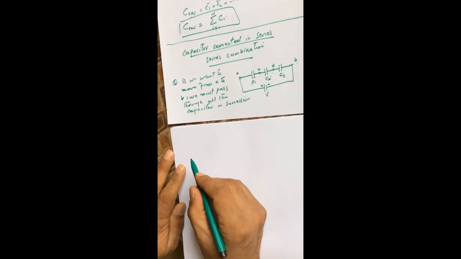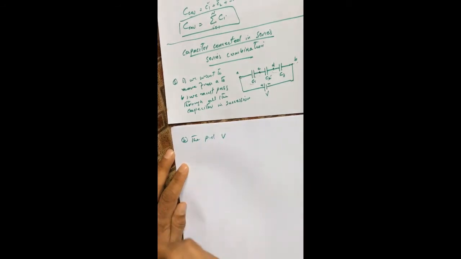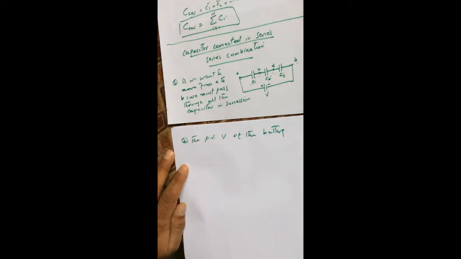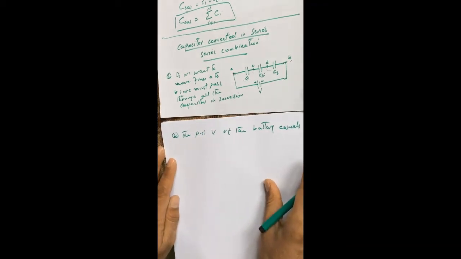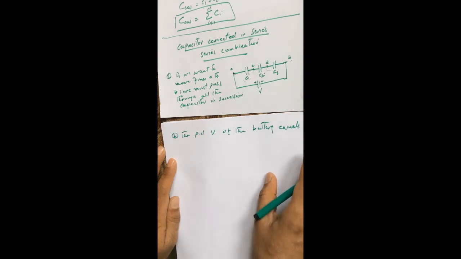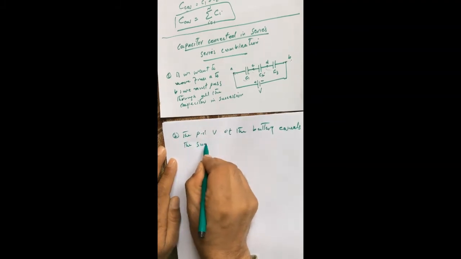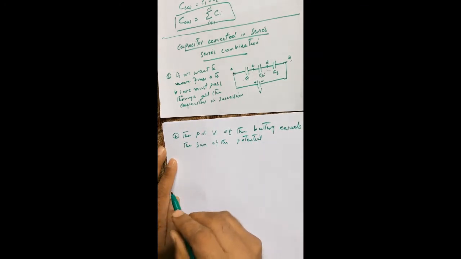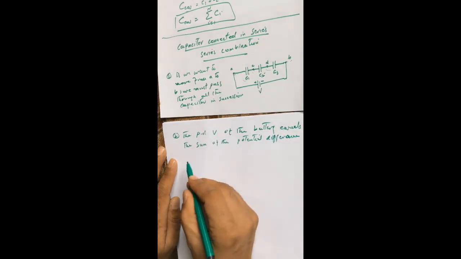Next, when a battery is connected across the combination, the potential difference V of the battery equals the sum of the potential differences across each capacitor.